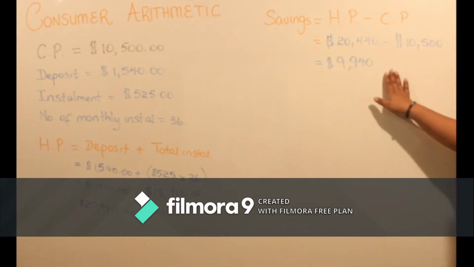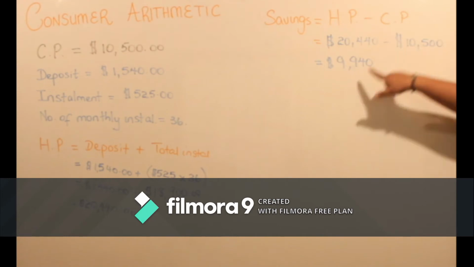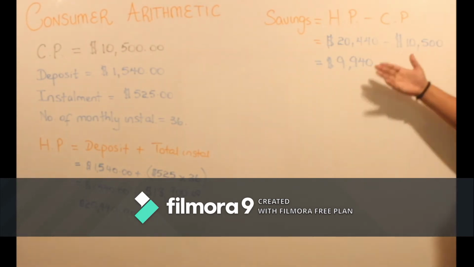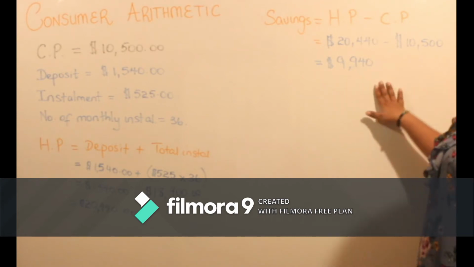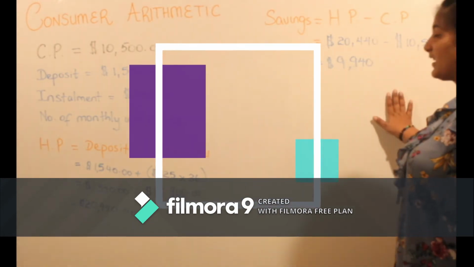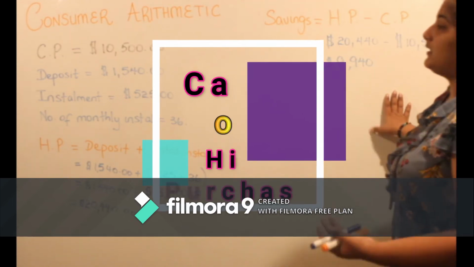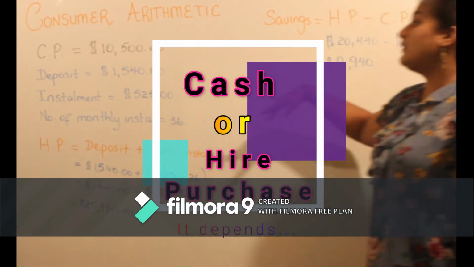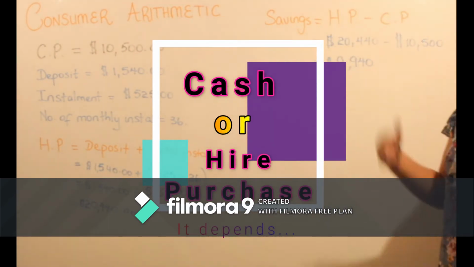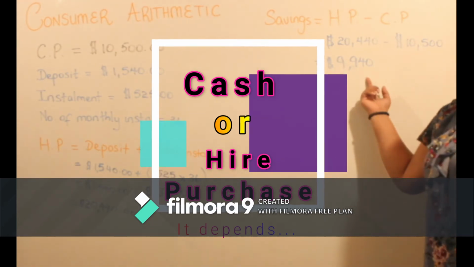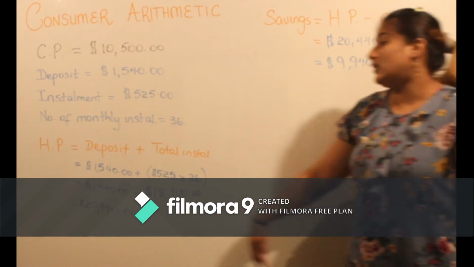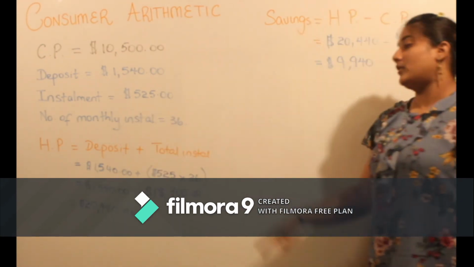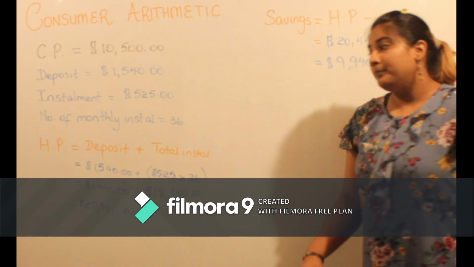When we look at savings, if we were to purchase on cash, we see it quantified here. The savings is $9,940. Some people, if they have the cash available at the beginning, would just buy it on cash knowing they could save so much money. Whereas some people might prefer the convenience of not having to pay all the money up front, but pay it out gradually over a period of time.